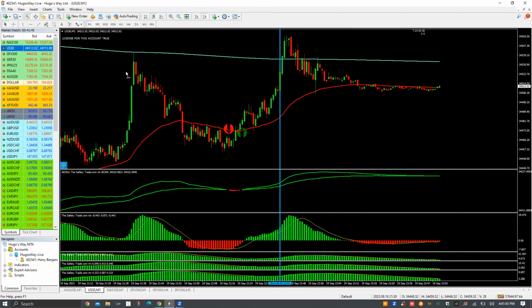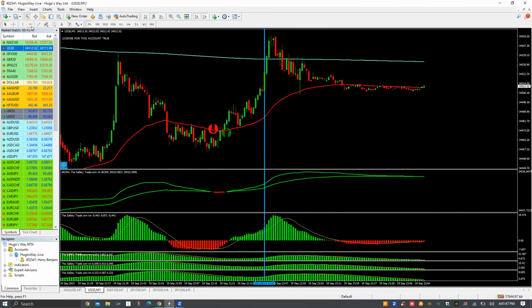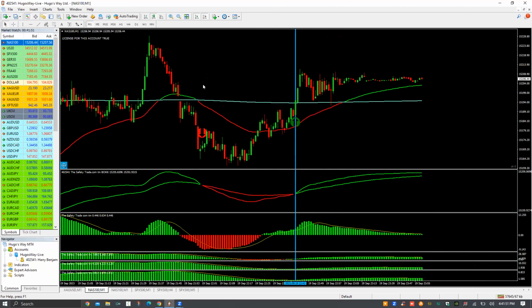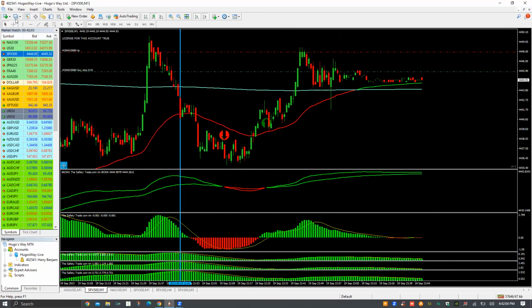In the case of the one coming down, let's go back to NAS. All right, so let's move this blue line over here and put it over here, cross here, right? But NAS, when it's coming down, was above the blue line and coming down. And then SPX was just before, so we could put another blue line for SPX right here. So SPX and NAS were almost side by side, almost like 2 minutes apart.